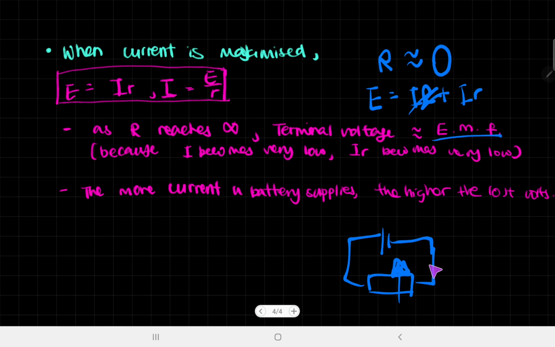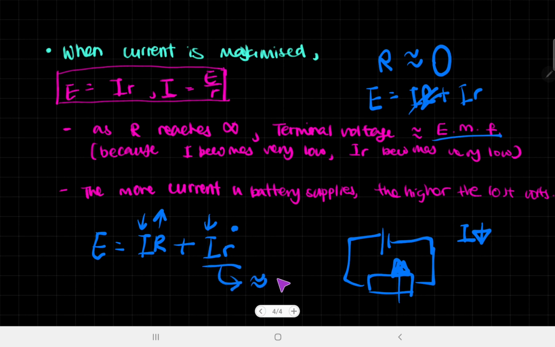Because if R becomes extremely high, then the current will become extremely low. So if E is IR plus lost volts, as I becomes very low, but r stays the same, the lost volts will be extremely close to zero.